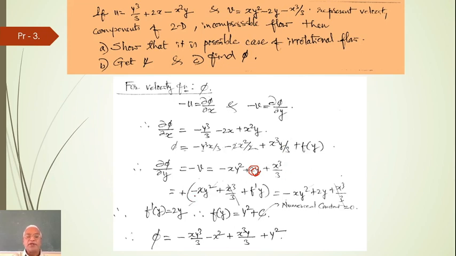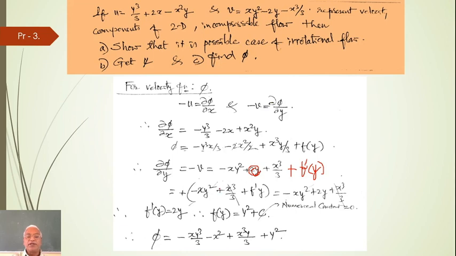So I think here I have written it properly: minus xy squared plus x cube by 3 plus f dash of y. Here there should have been f dash of y also, because it is the differentiation of phi with respect to y. So there is f dash of y that is taken here, which should be equal to dou phi by dou y, which is minus v.